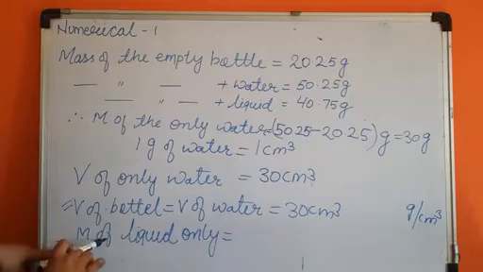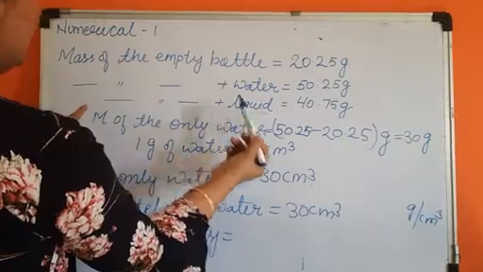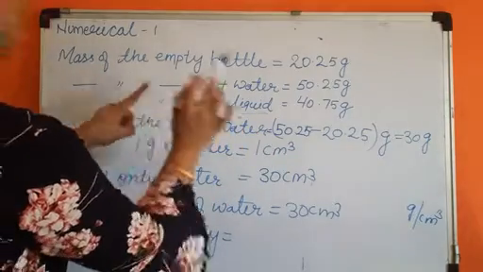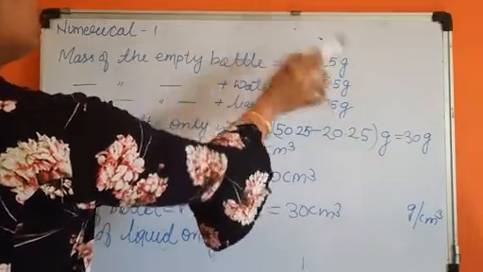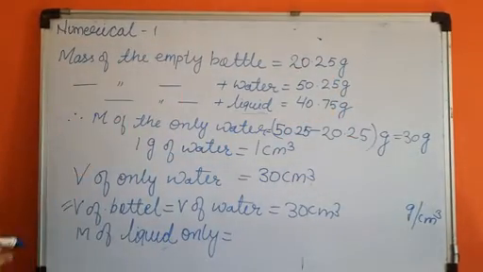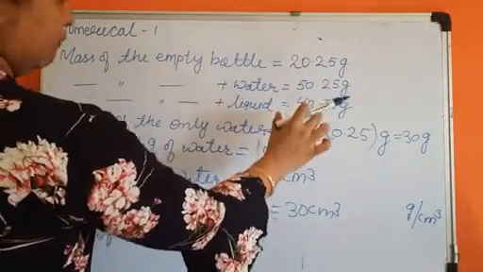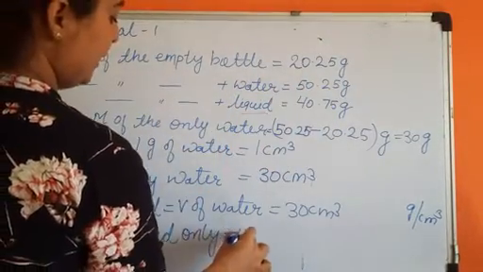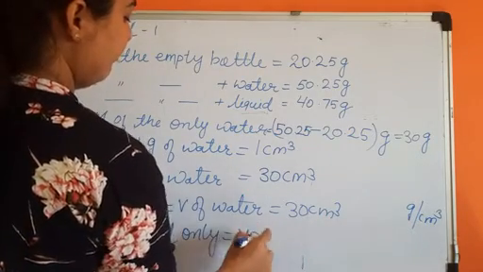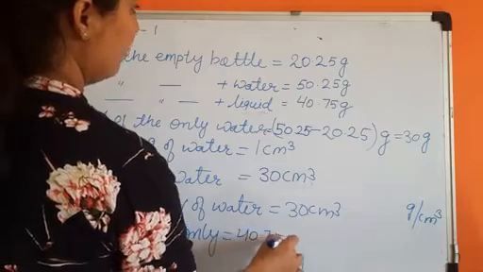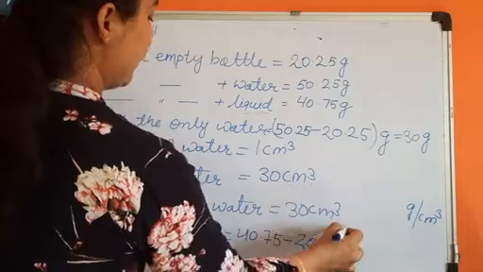Okay. Next, the mass of the liquid only. If I want to get the mass of only the liquid, here I know the mass of the empty bottle plus liquid. If I subtract equation number 1 from equation number 3, then the mass of the empty bottle will be cancelled. Then only I will get the mass of the liquid. 40.75 minus 20.25.